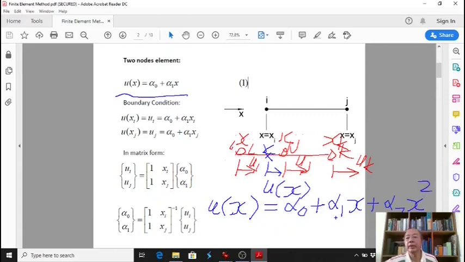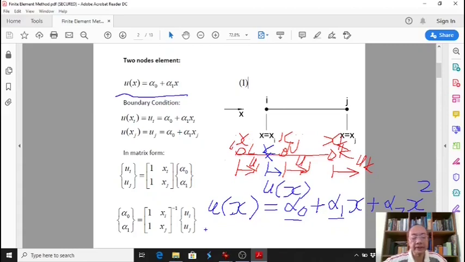We need three constants, alpha 0, alpha 1, and alpha 2, because we have three nodes now.